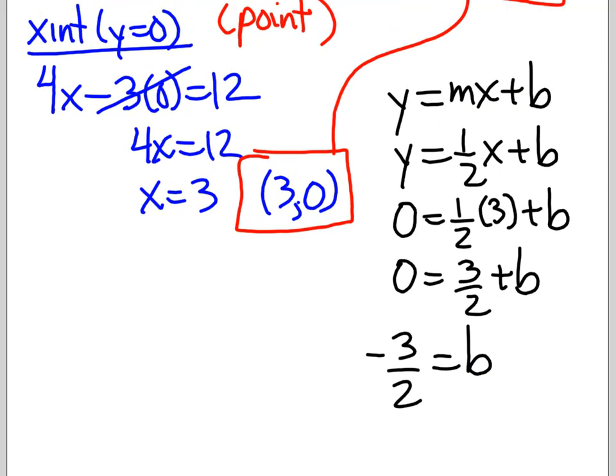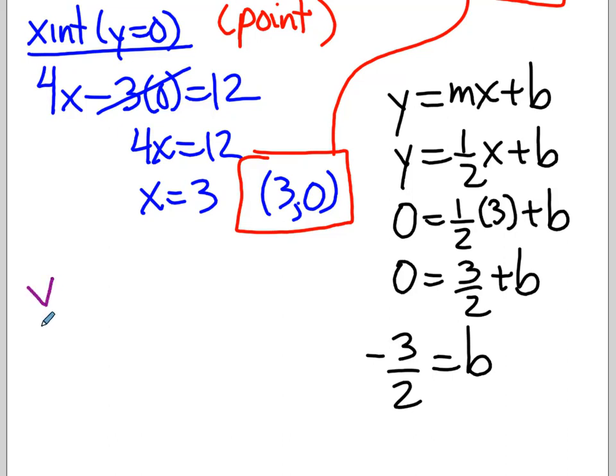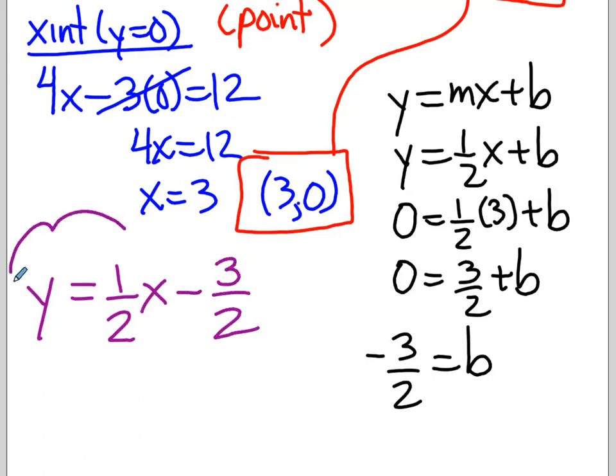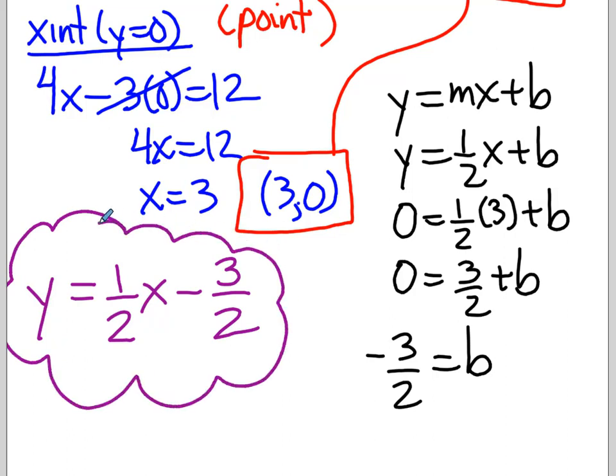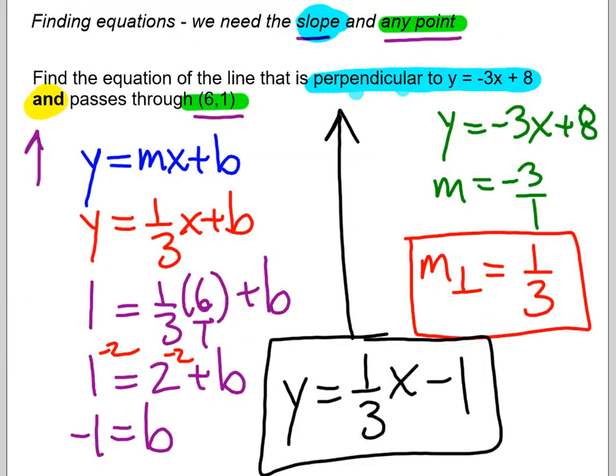It's okay. All right, and then let's write our final equation. Let's do it in purple. So y equals 1/2 x minus 3 over 2. That's the answer to this question. Okay, so you can see how lots of pieces get brought into these questions.